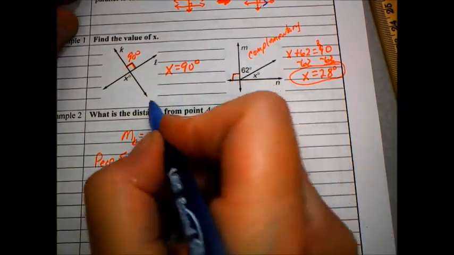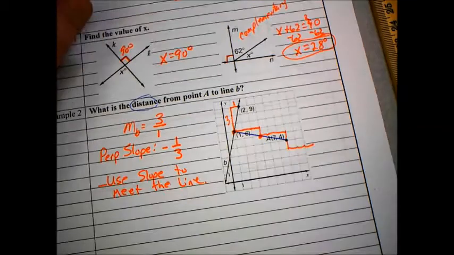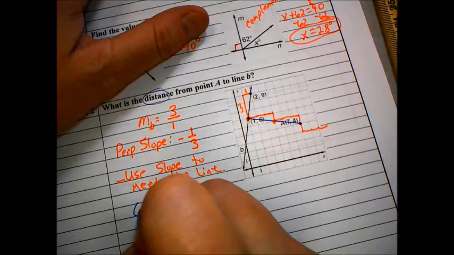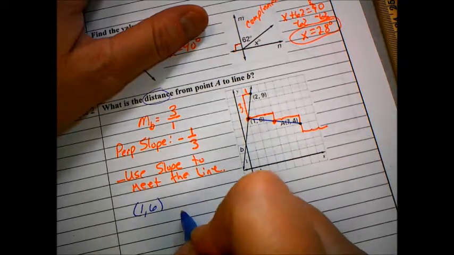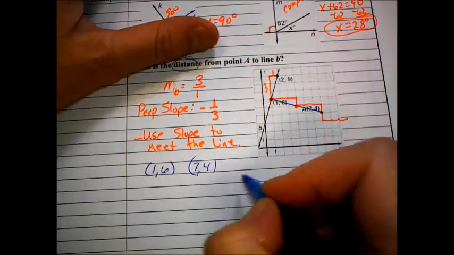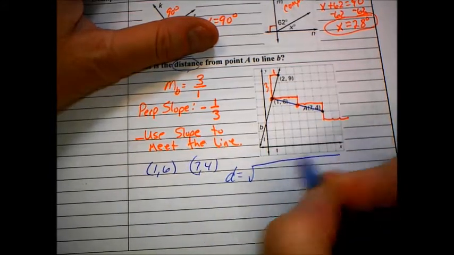And now it wants to know the distance from A to that line. So it wants to know how long this segment actually is. So what I'm going to do is take my two coordinates. And since it wants distance, I'm going to plug it into my distance formula. I don't know if you remember it. Big old long square root.